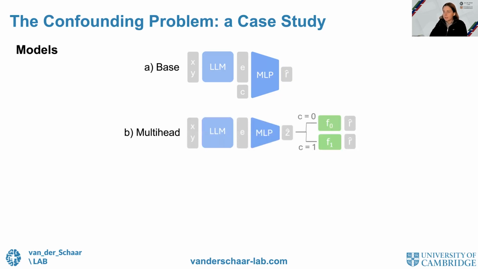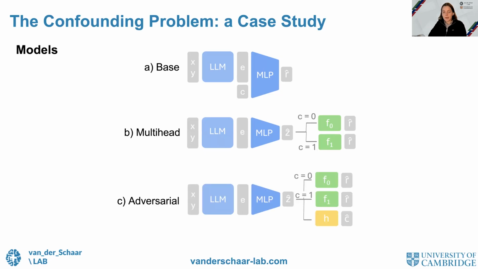The second model type is a multi-head model. Instead of concatenating the objective, I introduced two predictive heads. So there is one for each objective, and depending on the value of the objective, the latent embedding of the prompt and response is passed to one of these predictive heads.